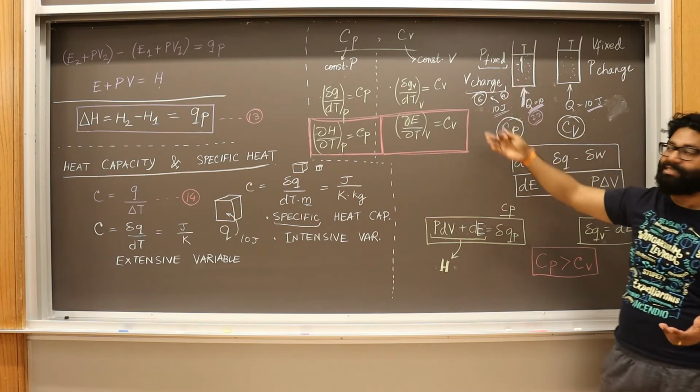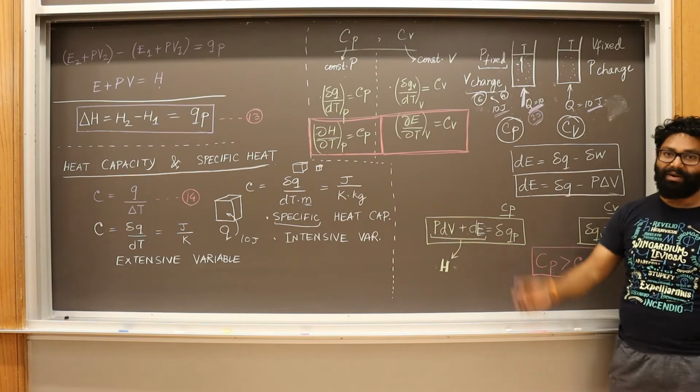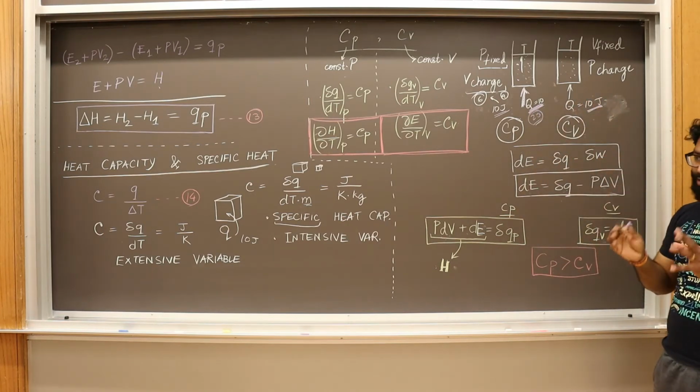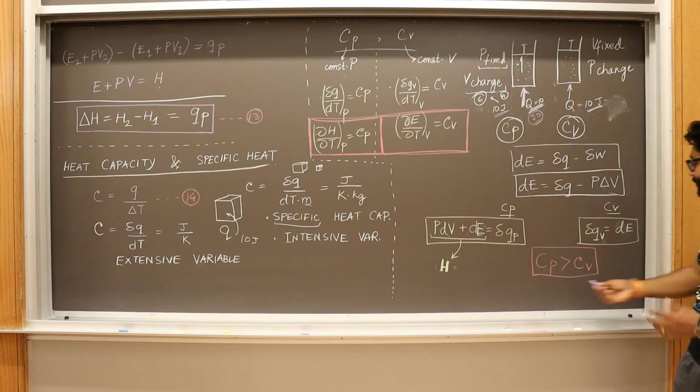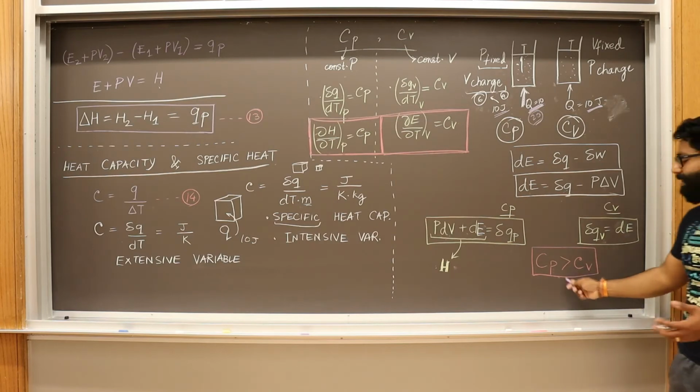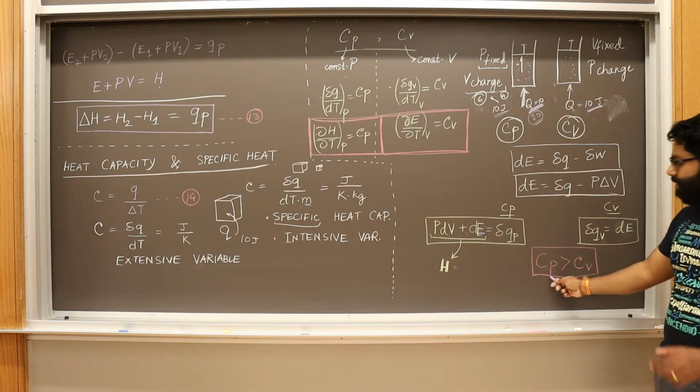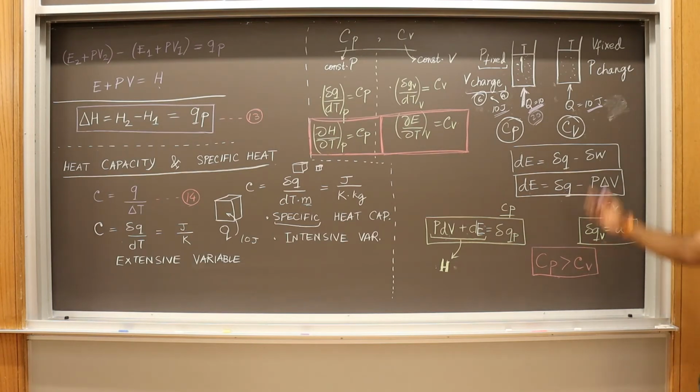For a Cp system, some of it is going to waste, but in a Cv system, with less heat, you can raise the temperature. And that is the reason Cp is always greater than Cv. We'll come to a quantification of this later, but for now we have to understand why Cp is greater than Cv because of this.